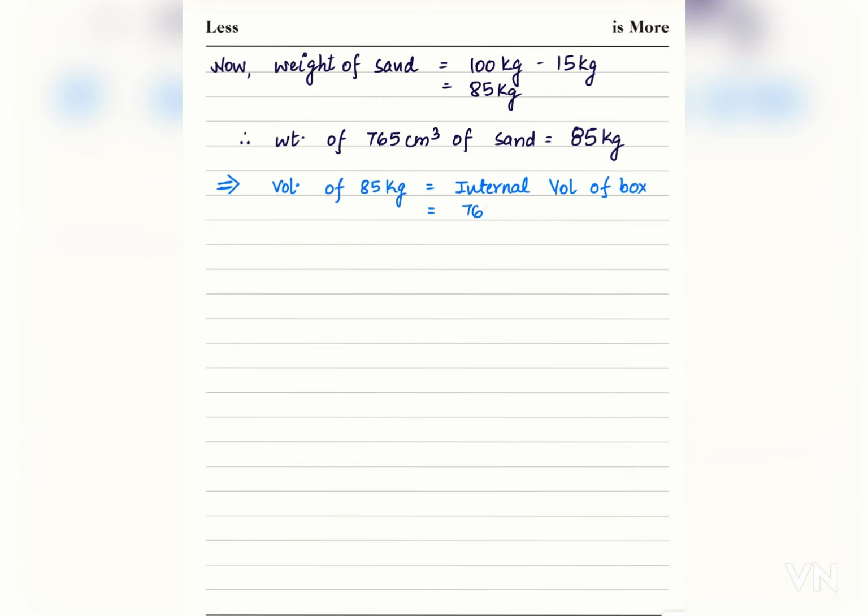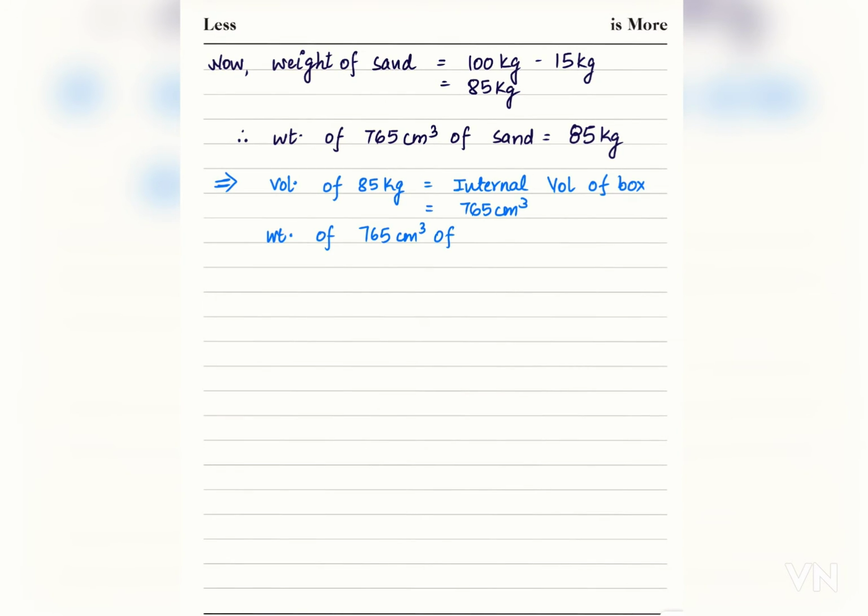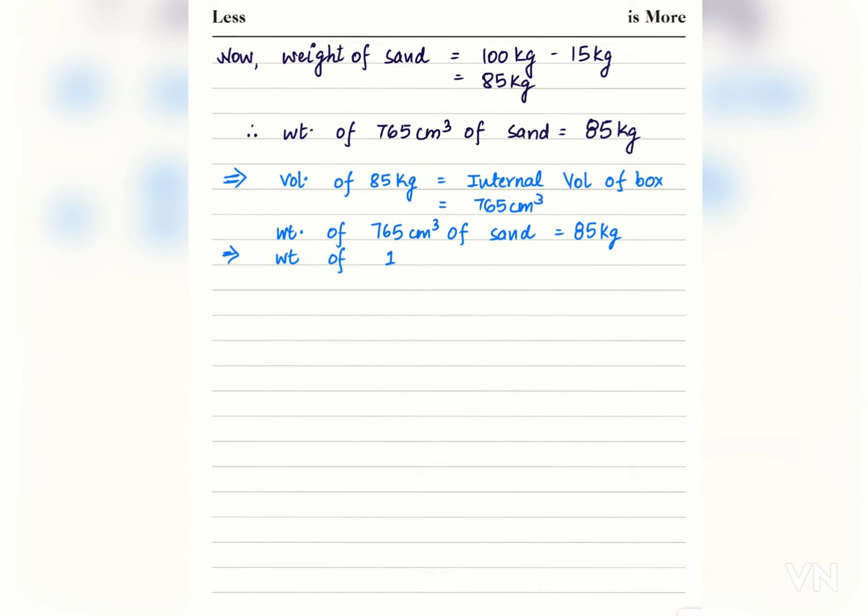So that means the weight of 765 cubic centimeter of sand is 85 kg, the same as the internal volume of the box, which is 765 centimeter cube.